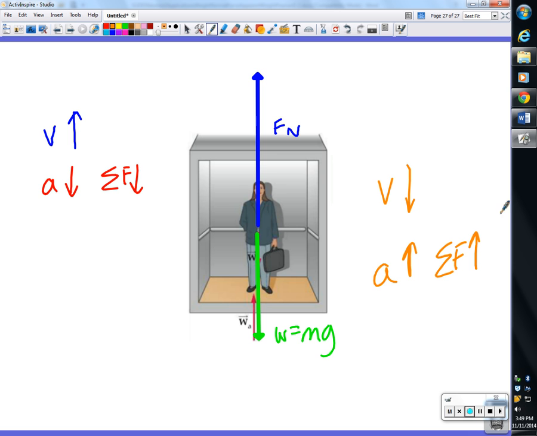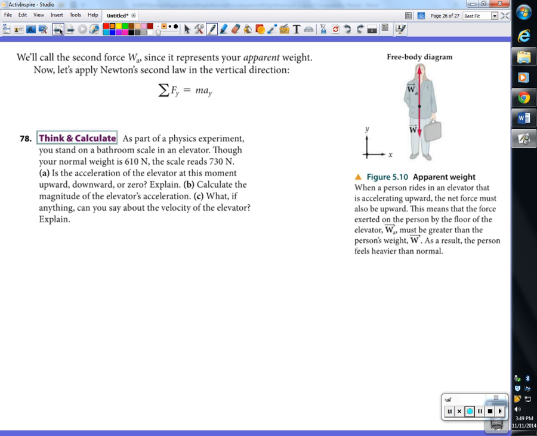All right. Let's take a look at how this shows up in a problem. So number 78, which shows up at the back of chapter 5. I think it's page 184, but I'm not 100% sure on that.